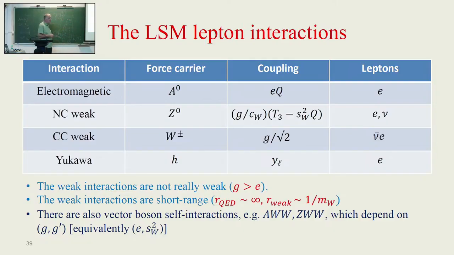And the Yukawa couplings, I did not go over that, but the Higgs couples via the Yukawa coupling to the charged leptons. And in the slides that I skipped for the interactions of the Higgs boson, one could see that all interactions to fermions are proportional to the fermion masses, and its couplings to pairs of bosons are proportional to the mass squared of the bosons to which it couples.